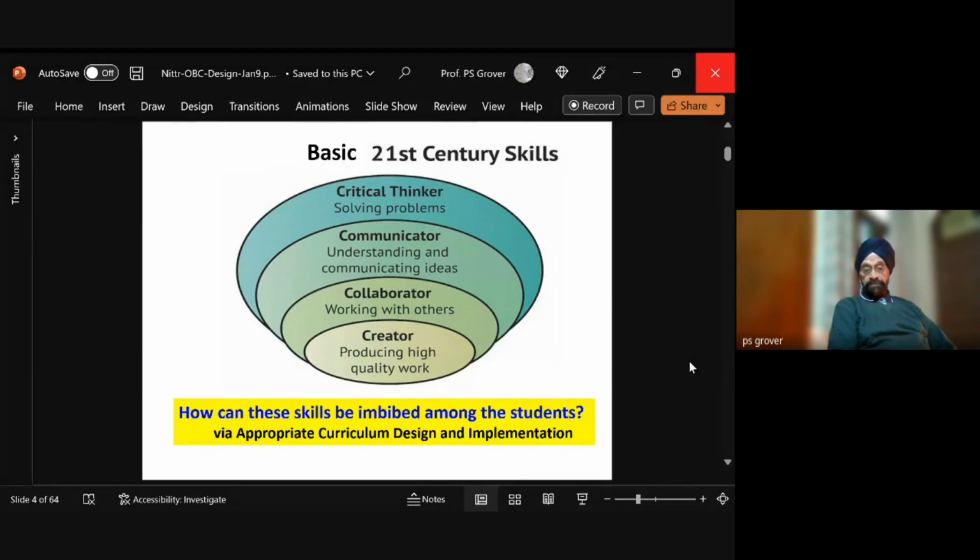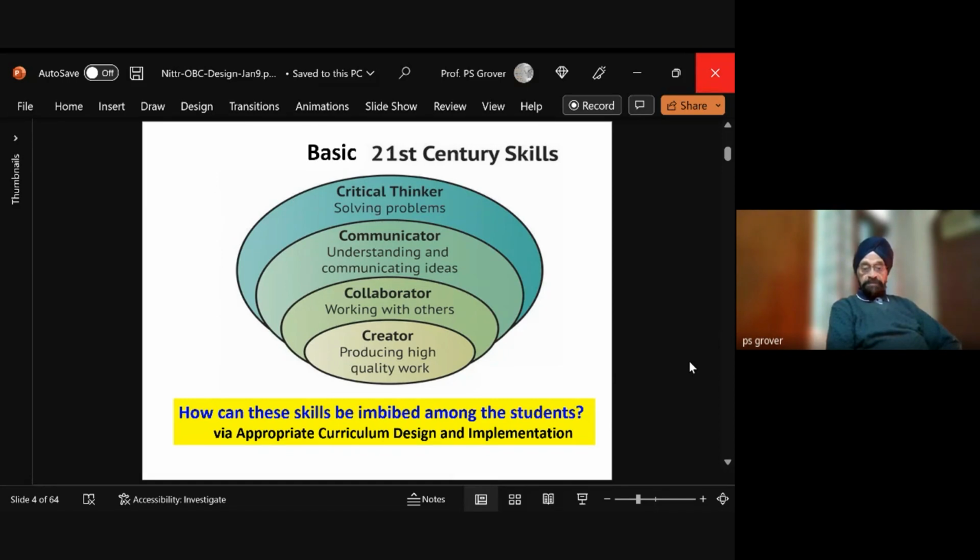Then he should be a good collaborator, a good team player, and he should be creative. That means we must develop creativity in the students. These are the skills which are very much required in the student if we are to progress, if we are to face the challenges of the 21st century.